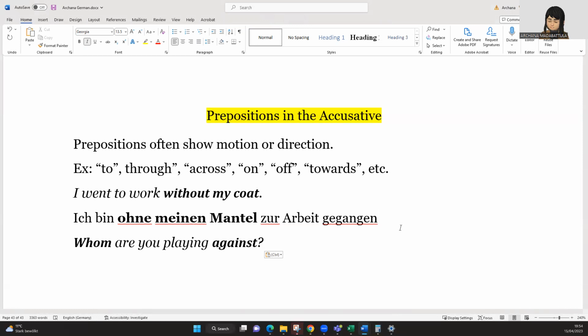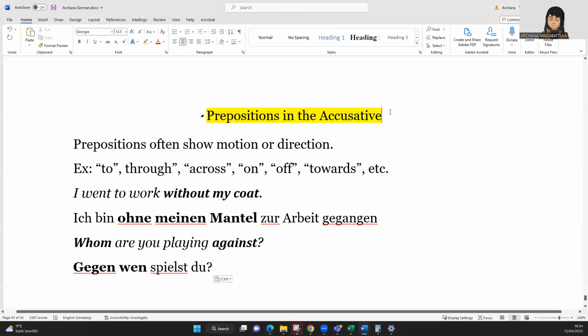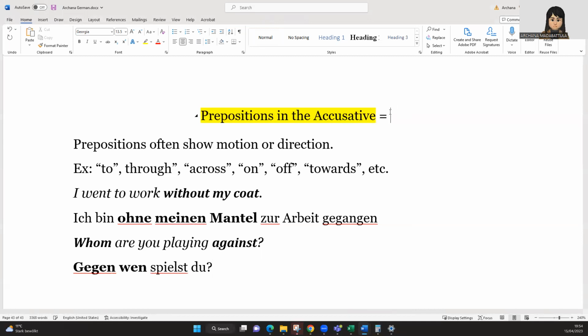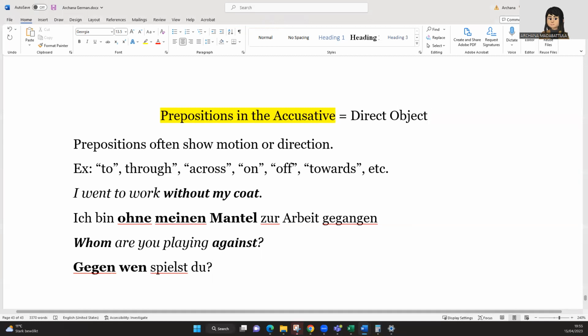Here the direct object is whom, and that is what takes the accusative. I will copy the same from the notes I have already prepared. Always remember that accusative equals the direct object.